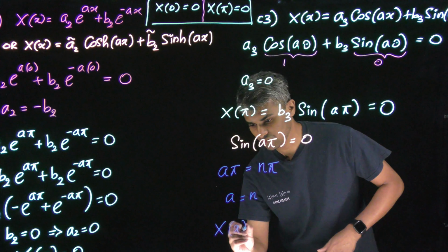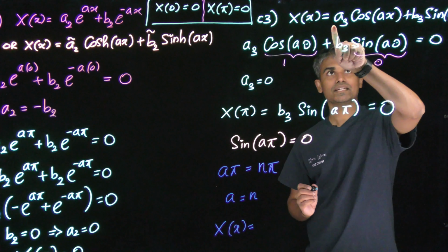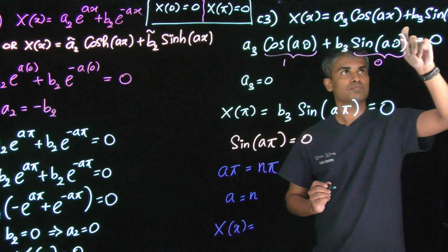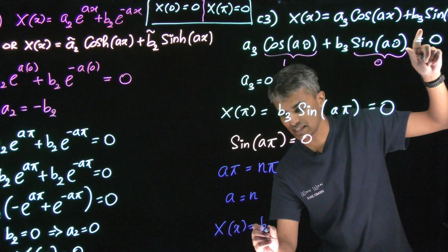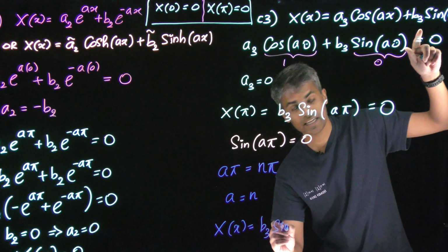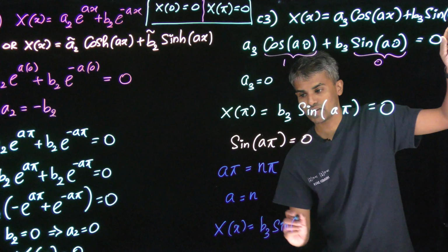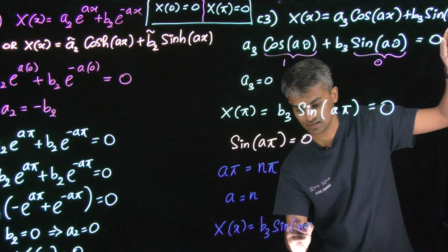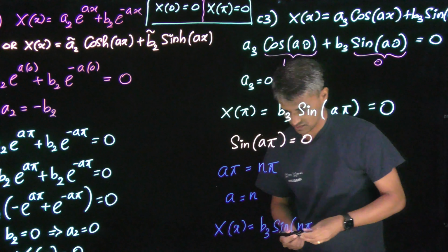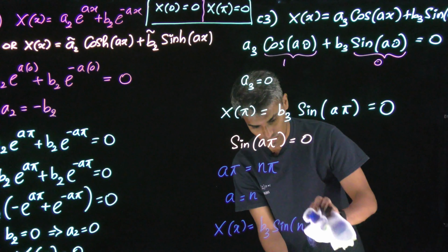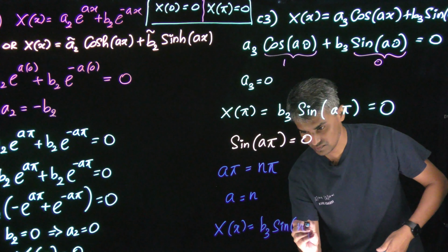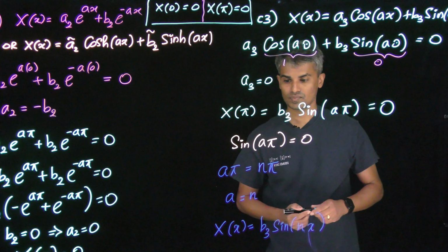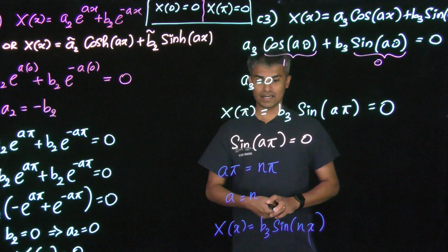Okay, so let us update our big X of x. Now big X of x equals, a3 is 0, but now we have b3 times sine of, instead of a, now I can write n, nx. Great.